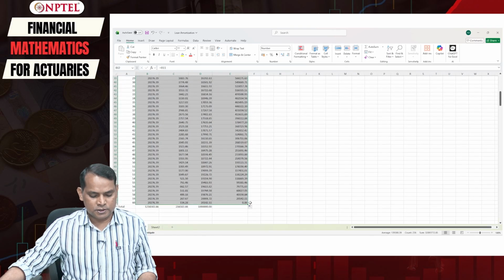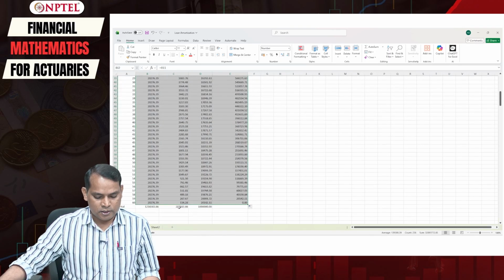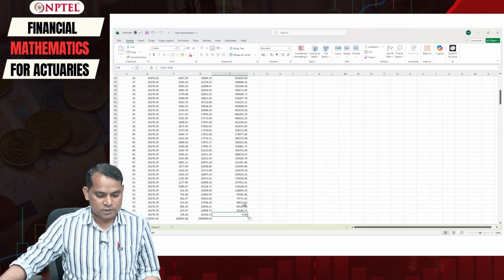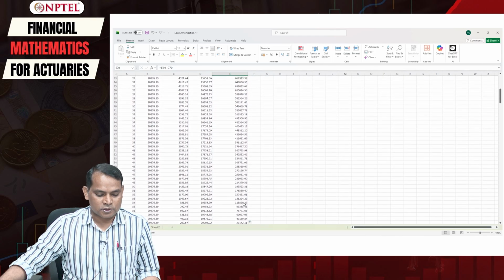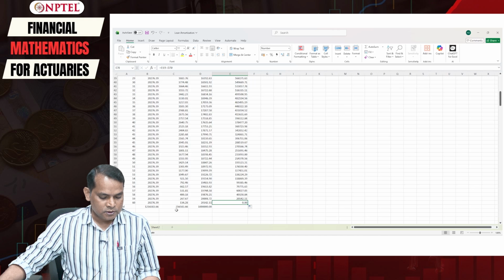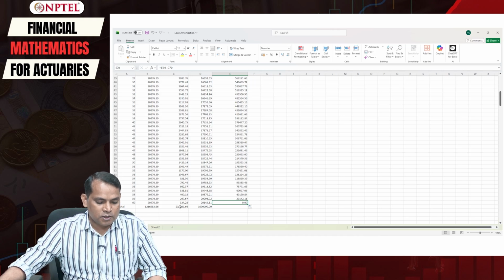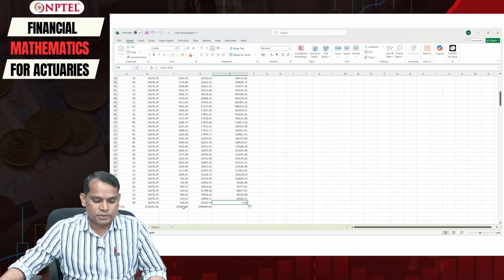See here in the 60 period of time, in the end of the period your loan amount will become this one. Now what you have seen here, one interesting stuff, the total amount you have paid that goes towards the interest payment is equal to this one, that is 2,16,583.66.